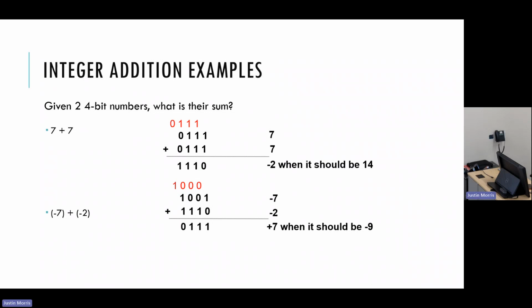continue our lecture on arithmetic operations and different data representations. We were ending on integer addition last time. So we're going to continue with integer addition of signed numbers now, instead of just unsigned numbers.